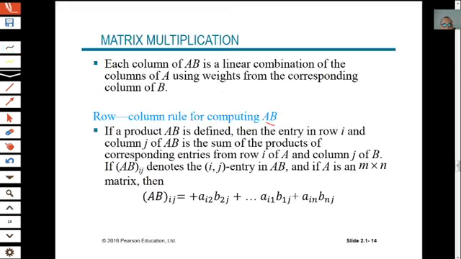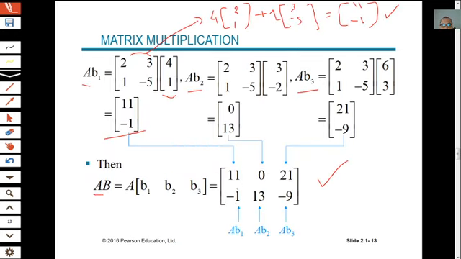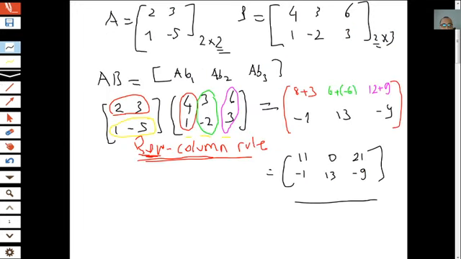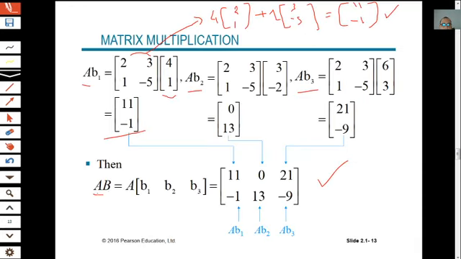Let's check. Namely, we have two ways for finding the multiplication of two matrices. You can use the row column rule like this one, or you can use the first way.